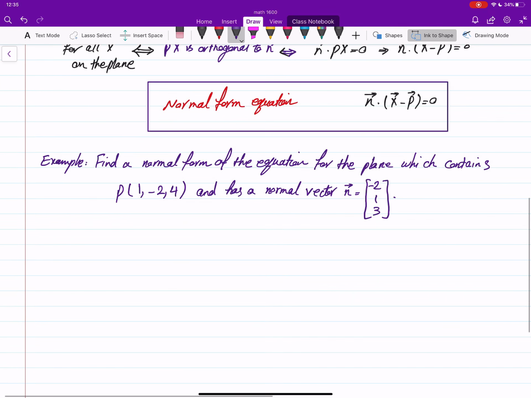So n is that, and p is 1, negative 2, 4.